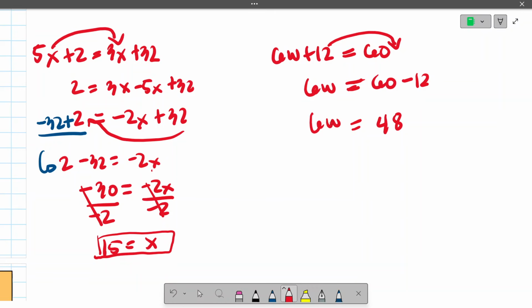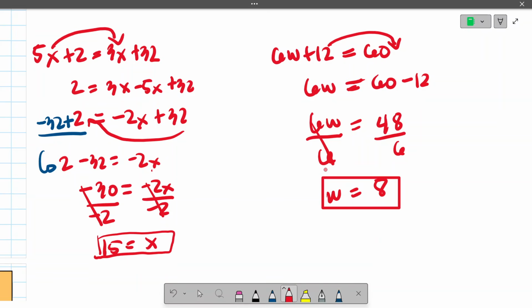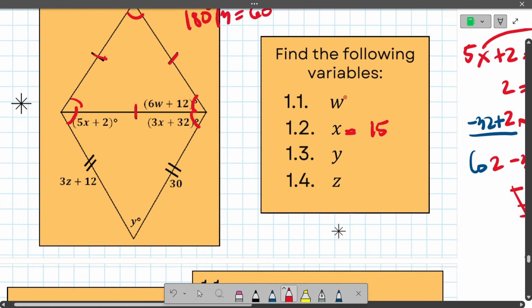So what is 48 divided by 6 then? Kasi gagawin natin is mag-DPE tayo dito na divided by 6 to cancel 6 to isolate W. So the answer is 8. And therefore, our W is 8.